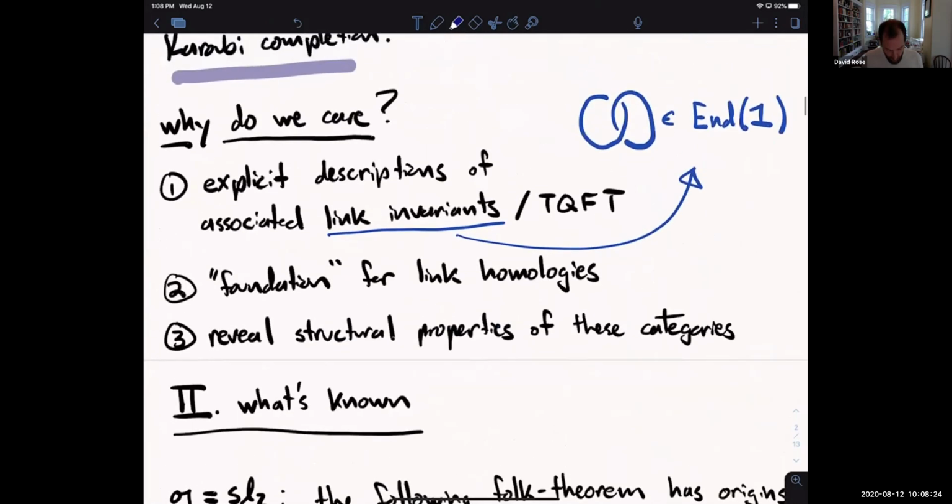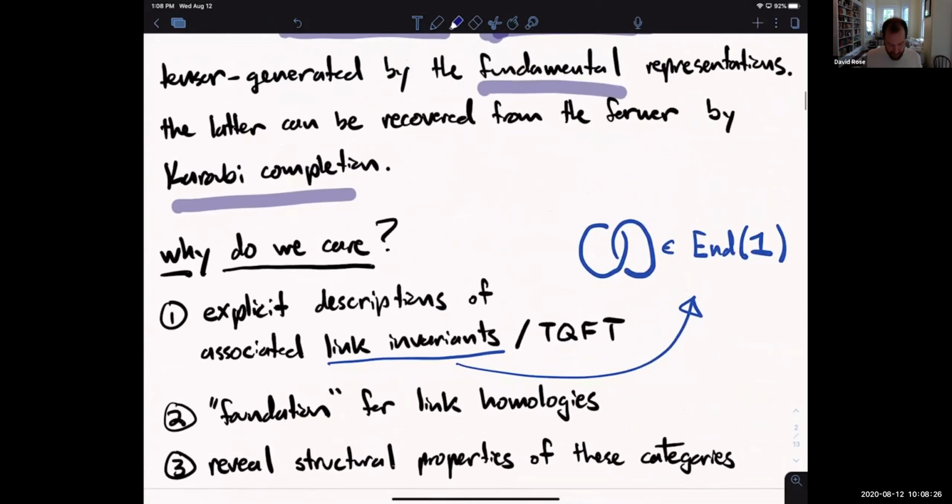Okay, so why do we care about such things? Well, in the case of these specific monoidal categories, there ends up being extra structure which allows me to essentially define invariants of knots and links from these categories.